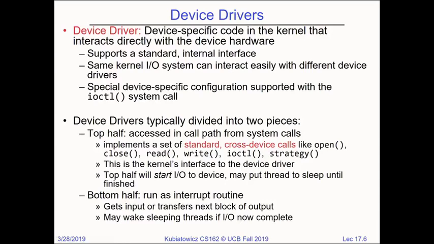So when a user process does a read, if it's not in the file system already, it goes down to the device driver. The device driver starts the read and then maybe puts the process to sleep. Then the bottom half comes in as an interrupt handler, and that gets the input, maybe does a DMA. And when it's done, it may wake up sleeping threads, which are sleeping in the top half. And those threads then return to their user process with the data. Okay?